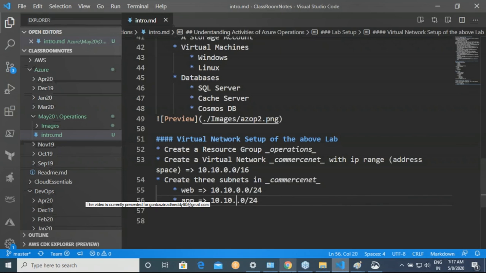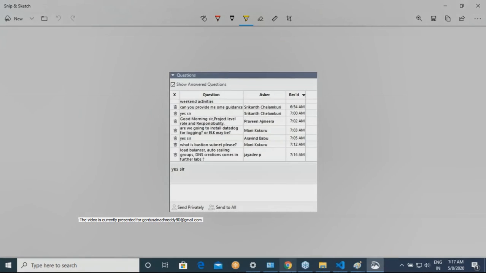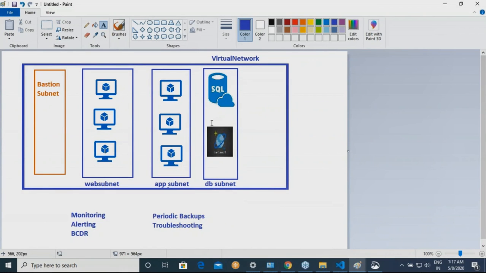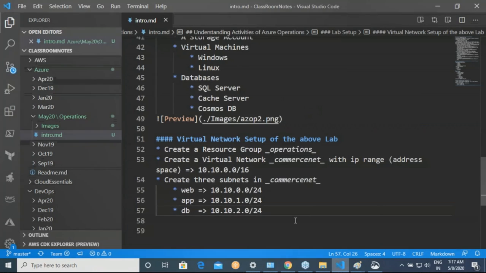App 10.10.1.0/24. DB 10.10.2.0/24. But if you want our database to be like this, we have to create a managed instance. And Cosmos DB also will not be part of your network, right? So consider them directly to be part of your network or private endpoints, whatever it is. For me, anything works out.